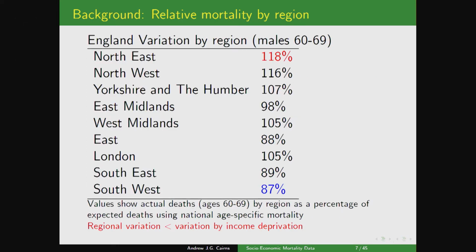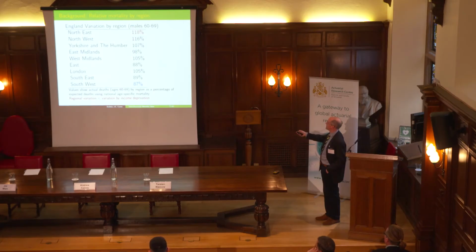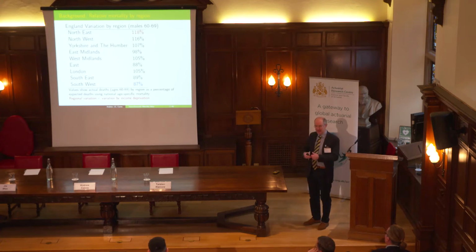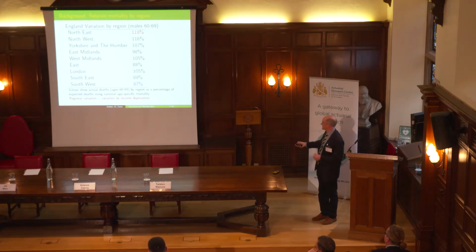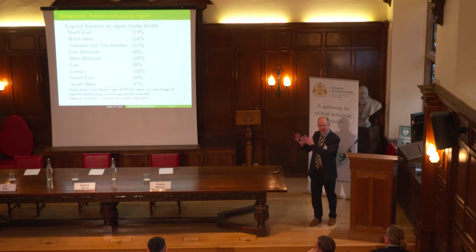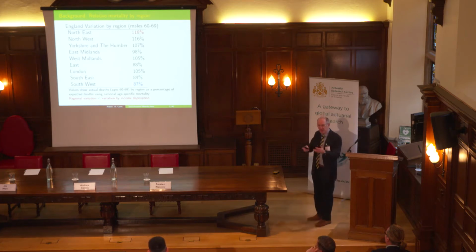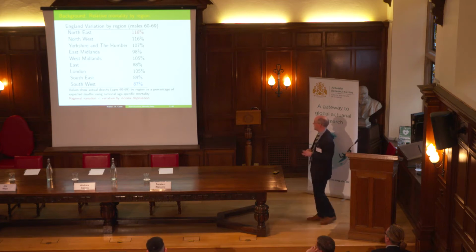And so looking at mortality at the regional level, this table shows the males 60 to 69 age group, and we're looking at the actual deaths versus the expected deaths. Now, in this case, the expected deaths are calculated simply using the national mortality table, applying that national mortality to the population that we have in each region.